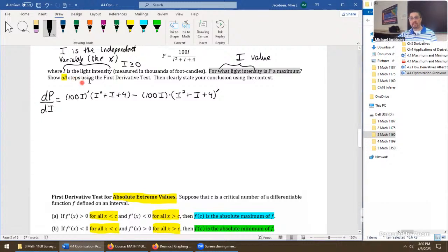So we differentiate the numerator, multiply by the denominator copied, subtract, copy the numerator, multiply by the derivative of the denominator. That is our quotient rule process. We just need to divide by the denominator squared, I squared plus I plus 4, squared. So there it is.